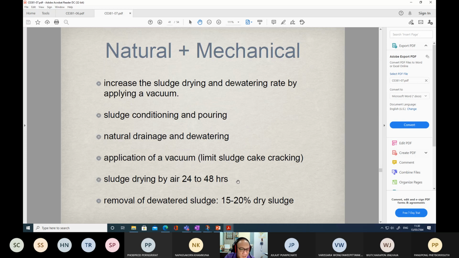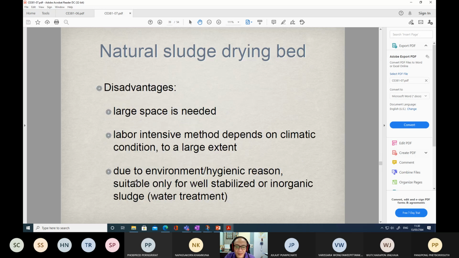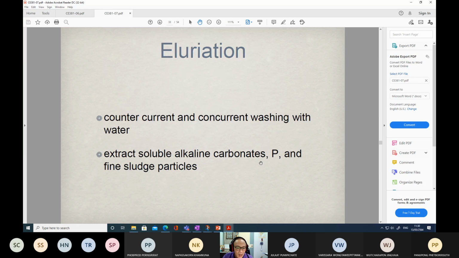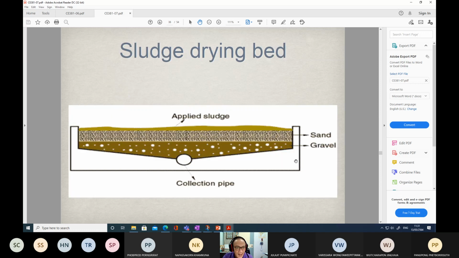Not just because we want to increase the efficiency. Sometimes in an area where there is a lot of rain, with very high rainfall statistical records, if they still want to use this natural sludge drying bed, maybe they have to equip mechanical equipment or suction.